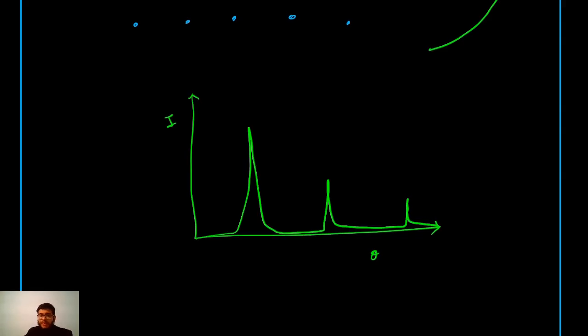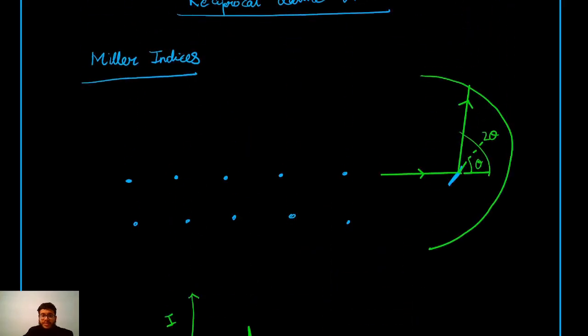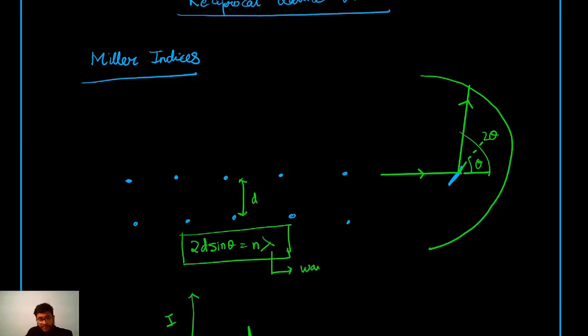That will depend on Bragg's law, as we talked about, which says that if d is the lattice spacing, then 2d sin theta equals n lambda will give you the thetas where you have the peaks. Lambda is the wavelength of the light.